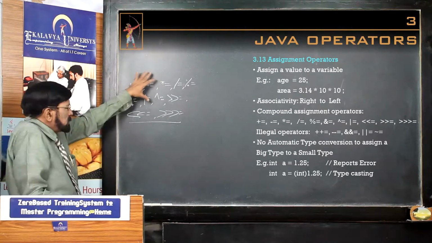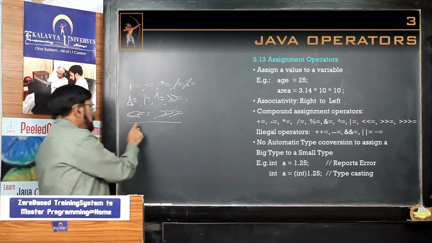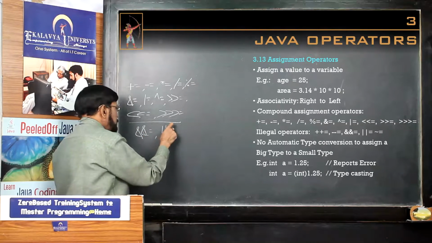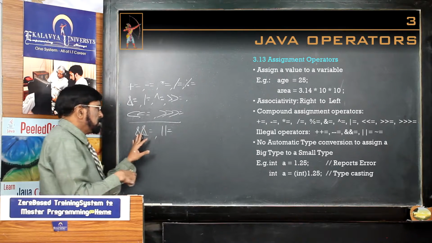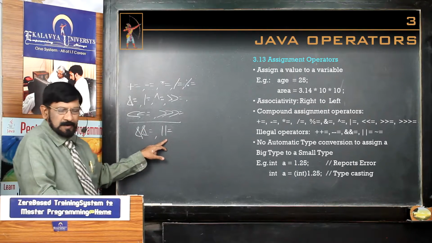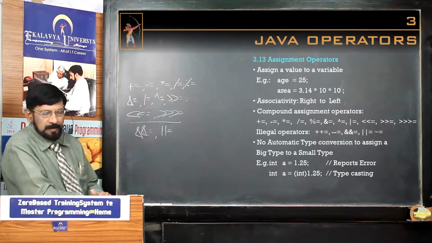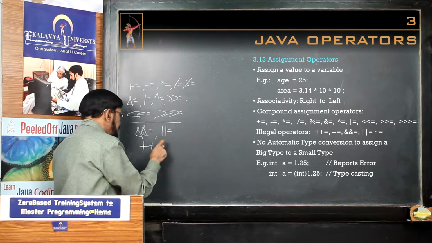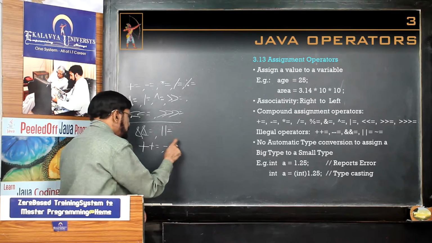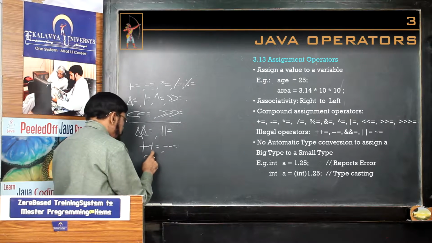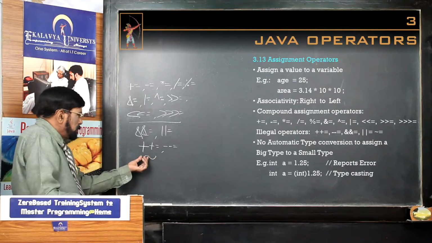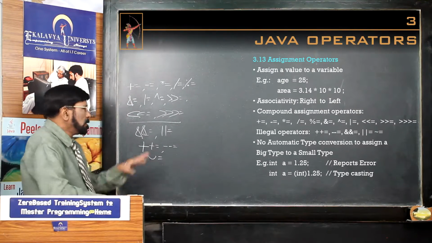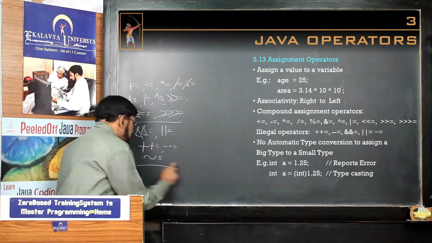Actually, with the same spirit, you may extend it to this also. That is, conditional logical operators, the illegal operator. Java does not support that. And thereafter, for unary incrementation and decrementation also, it does not support. And we are going to learn about this. This is the bitwise complementary operator. For this also, Java does not support.